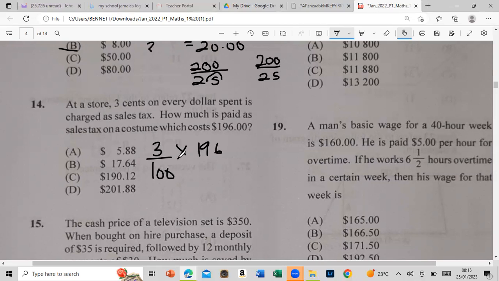Let me do a rough check. Divide this by 4. Yeah, 4 can go into 36. So 4, 16, left 3. So this is 46. 4 into this goes 25 times.